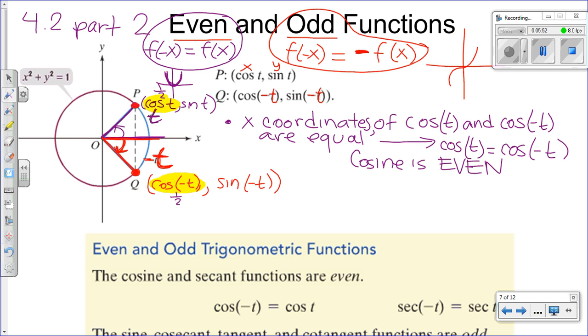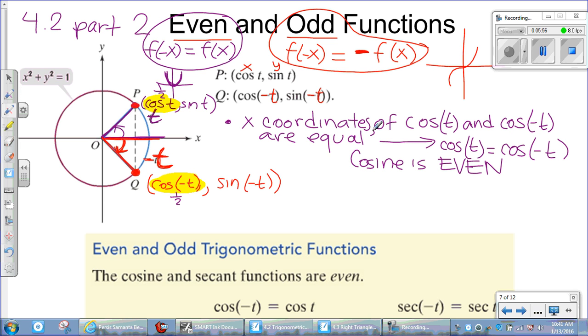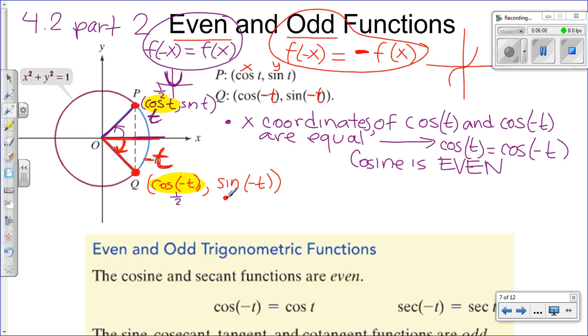Now let's look at the sine value, which comes from the y-coordinate, right? Now, if you look at the y-coordinate here and the y-coordinate here, would you say they have the same sign or opposite signs? Opposites, right?